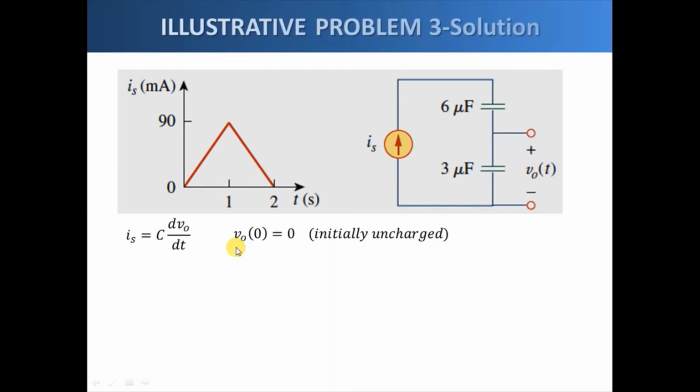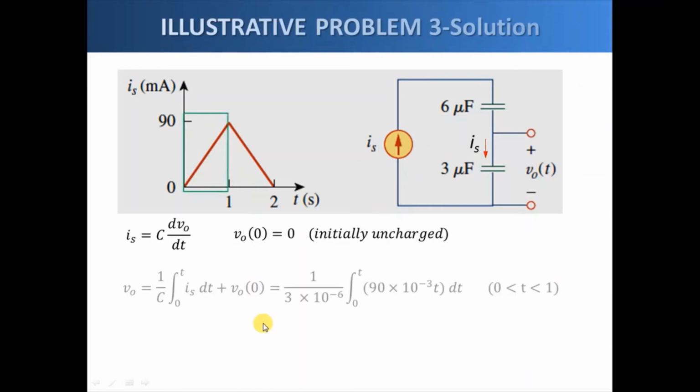Let's further assume that the 3 microfarad capacitor has no initial charge. Since what this equation really means is that we're trying to multiply the capacitance with the slope, we simply first identify this portion.